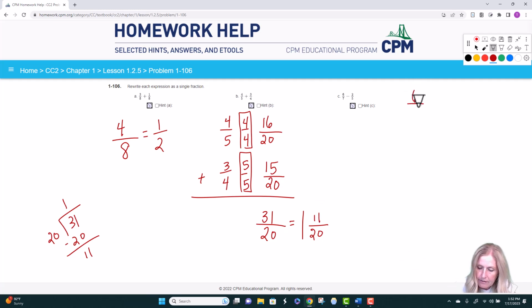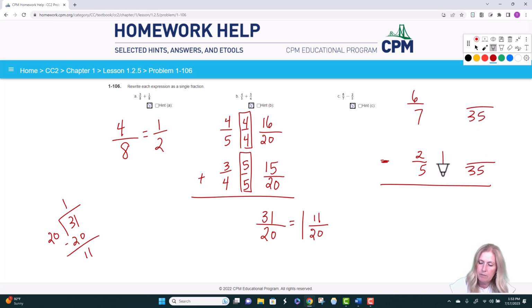Okay, 6/7 minus 2/5. A 7 and a 5, I'm going to use a 35. Set up our giant 1. 5 times 7 gives me 35.